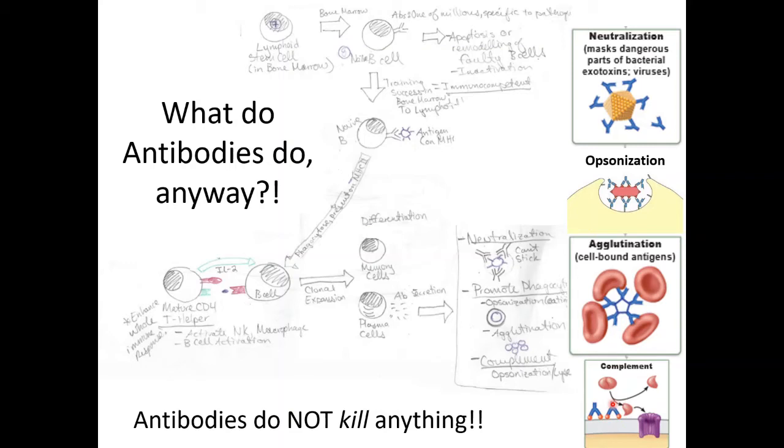Specifically, antibodies bind to the surface of these pathogens, just like always, and that calls over these complement proteins to invade the pathogenic cell and cause cell lysis, right? So actually bursting of the cell, therefore killing it.